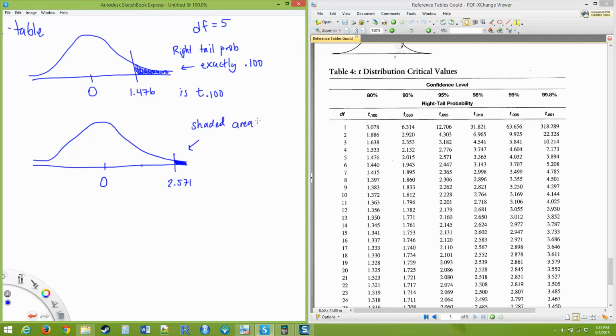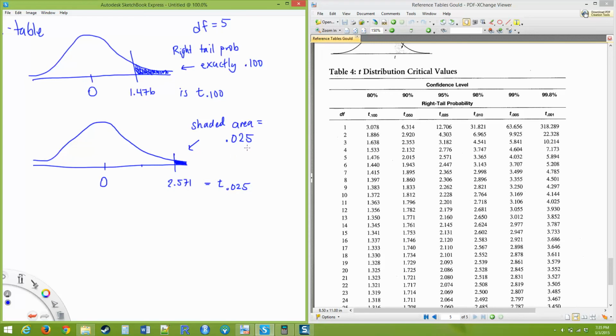The shaded area is equal to 0.025, because t 2.571 is equal to t.025. So with 5 degrees of freedom, if I go further away to 2.571, the amount in my tail is now 0.025.